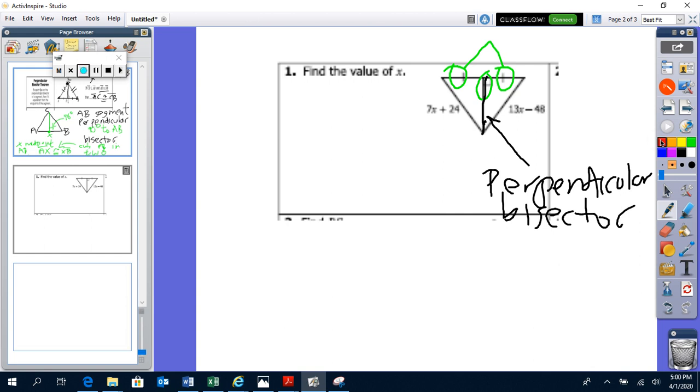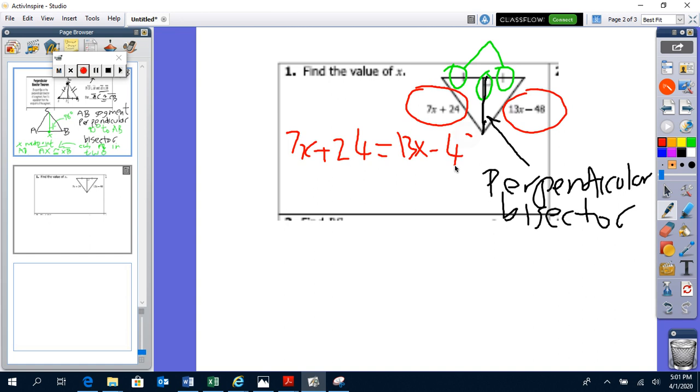And what this means is that this distance and this distance must be the same. So all we're going to do here is set 7x plus 24 equals 13x minus 48. And that comes from the perpendicular bisector theorem on the previous slide.